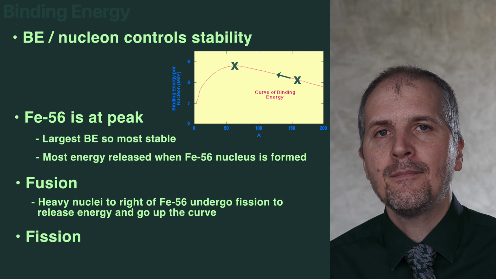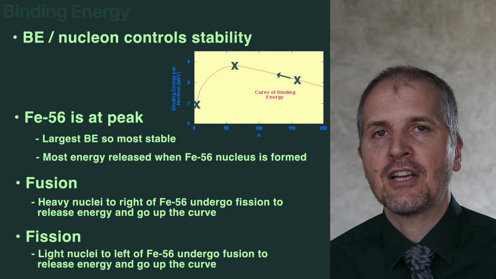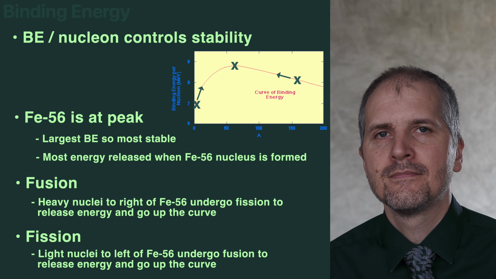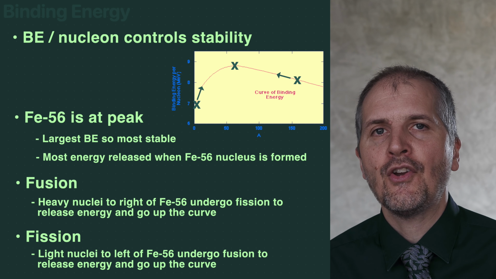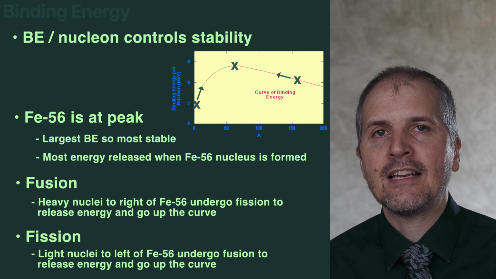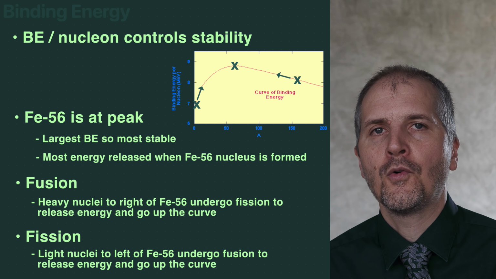Whereas nuclei to the left will undergo fusion to release energy and go up the curve. Now, you still need to go over this sort of thing and make sure you're doing some calculations, looking at nuclear reactions and how the binding energy per nucleon is changing. But now you have a good understanding, or at least you have covered all of the core material.